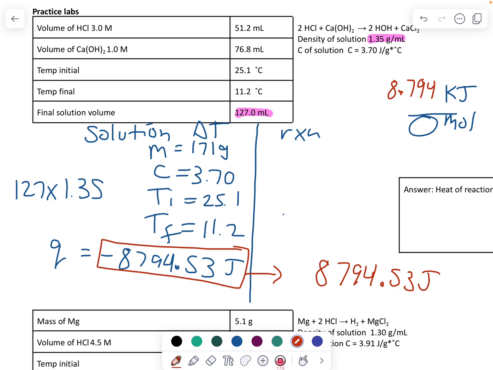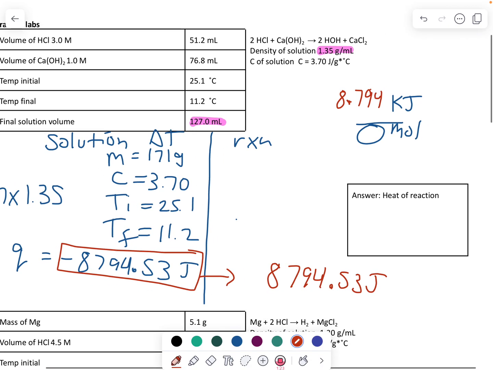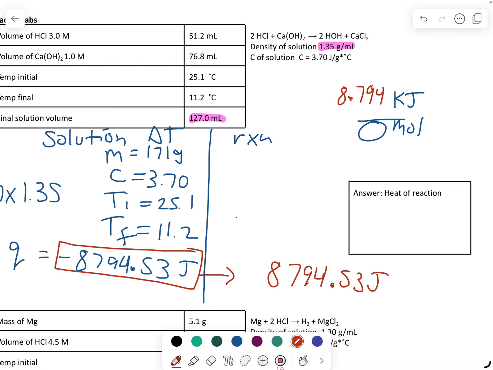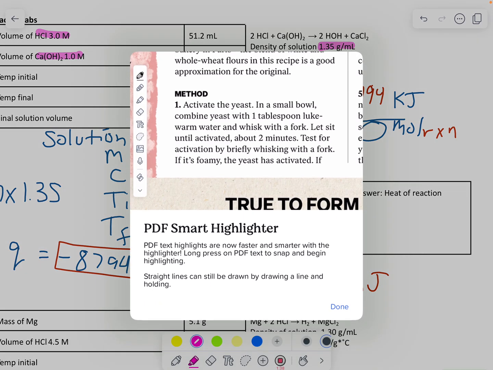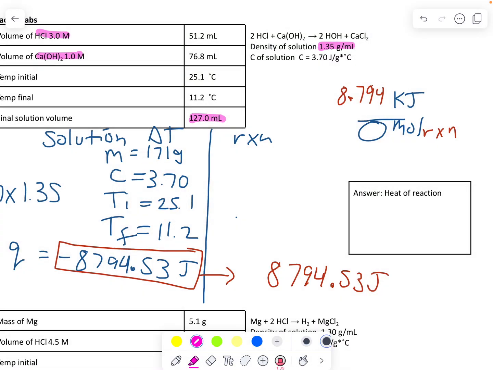To finish solving for heat of reaction then, what I need here is to get a mole reaction. In order to get a mole reaction, I need to take something from my reaction and convert it into mole. Your reaction was hydrochloric reacting with calcium. On the test, I promise that I will tell you what your limiting reactant is.